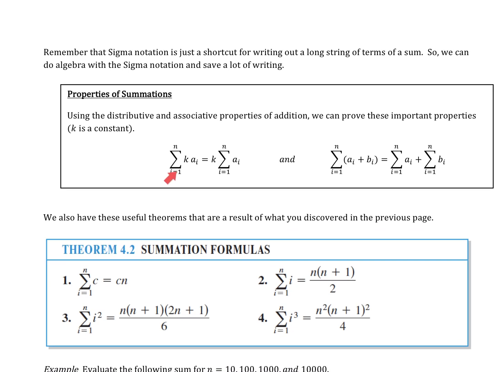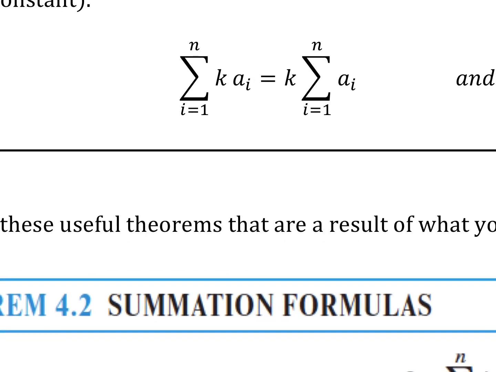The sum of k, being just some constant, times some term. Well, this is just a bunch of terms added up that have a k in them. We can factor that out. All right? And so what that means is this.